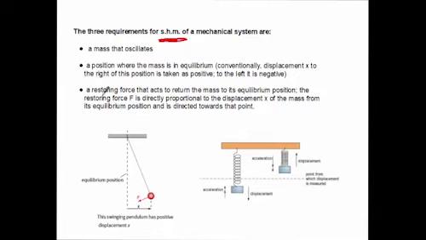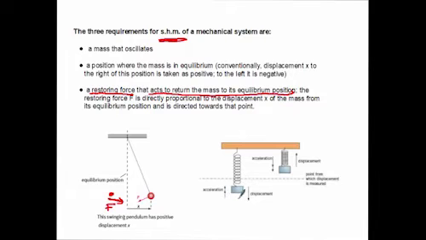There should be, this is a very important keyword, a restoring force that acts to return the mass to its equilibrium position. Now, when the mass is here or on the other side, there is a restoring force which always tries to bring the mass back to its equilibrium position.